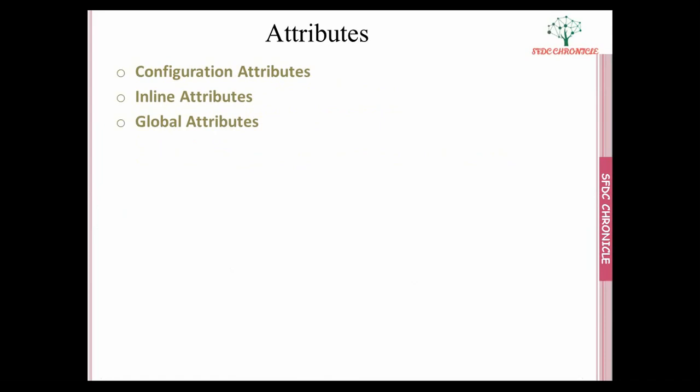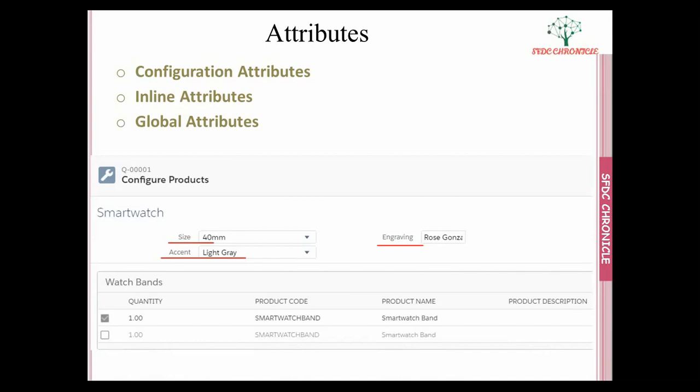We have mainly three types of attributes in Salesforce CPQ. That is configuration attribute, where for a particular bundle, whatever attribute you want to select for a single bundle, you can configure that. That is configuration attribute.